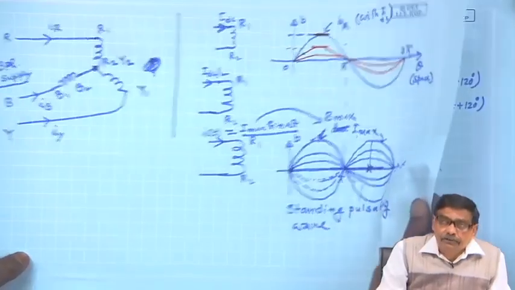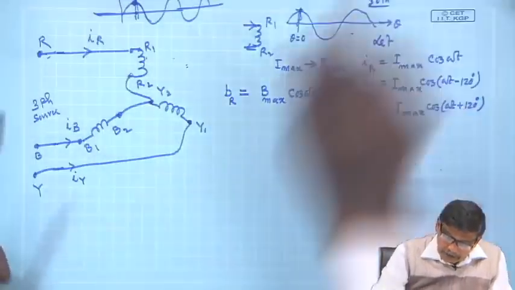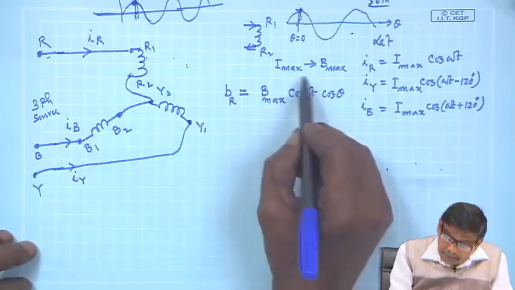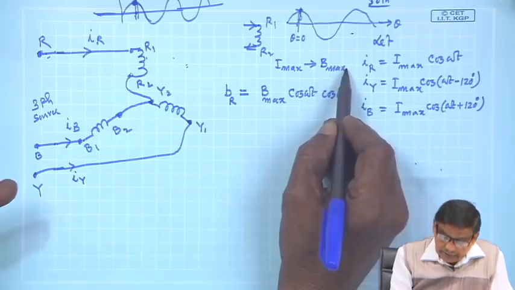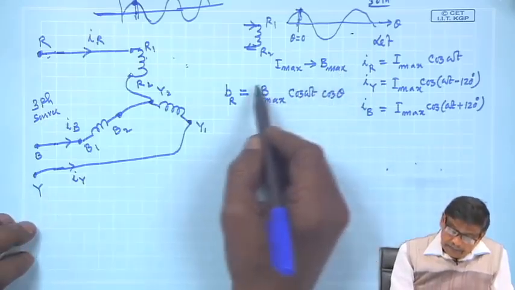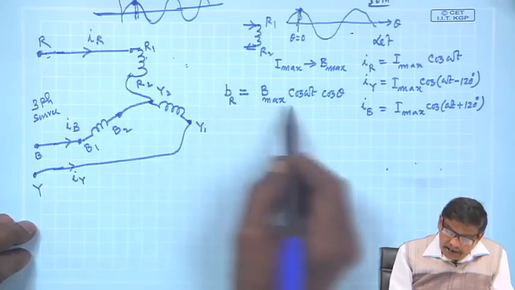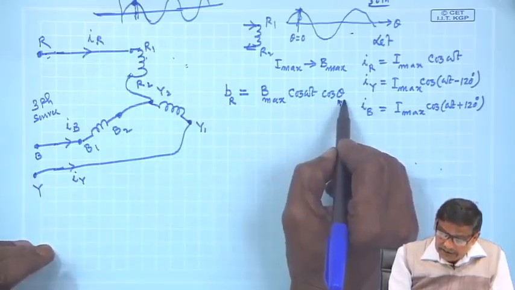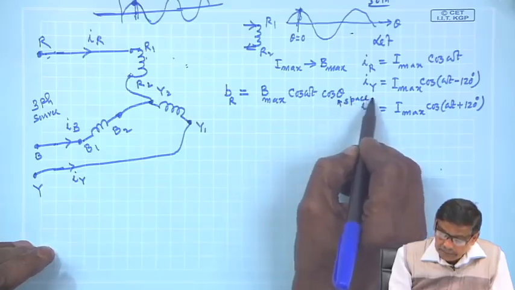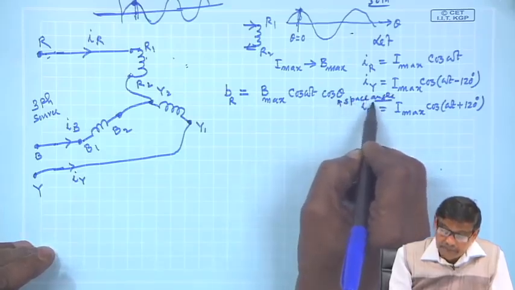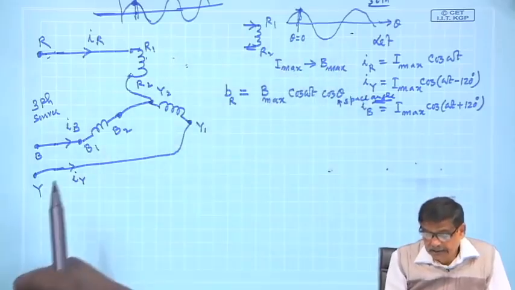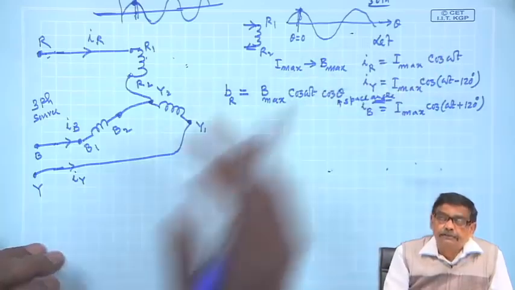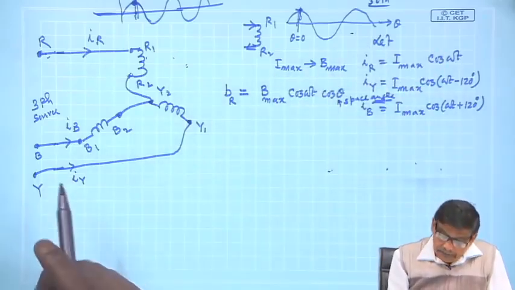I think it is clear to you what I mean to say. This is very important, so try to understand every step I am doing. I max gives rise to B max, and B R can be expressed in this way. Theta is the space angle, and I have chosen theta equal to 0 where B max is at its peak, that is all.